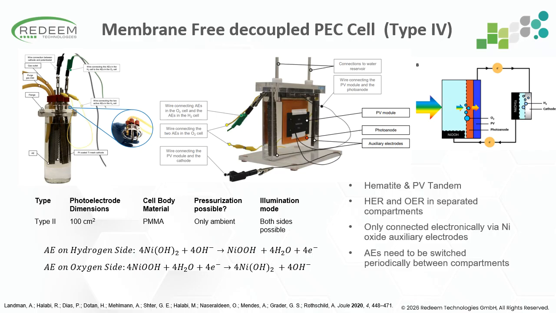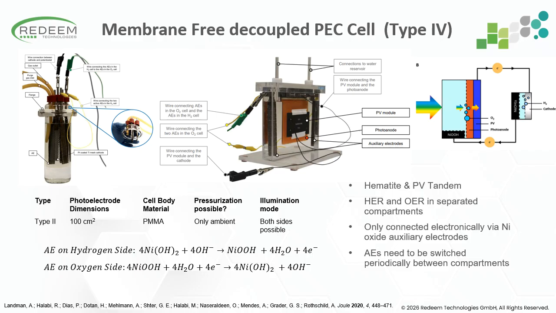And this introduces additional valves, electrical connections, and operational steps that are absent in conventional PEC reactors. So overall, I would say the Type 4 architectures completely solve the gas separation problem, yes, but they replace the membrane with a much more complex charge transfer strategy based on these auxiliary redox electrodes.